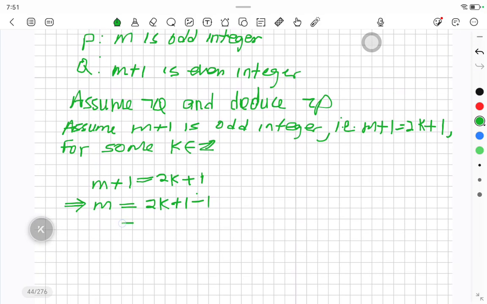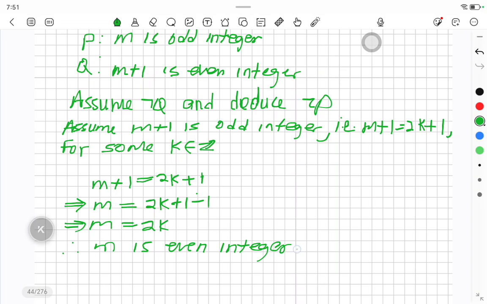And here we're going to get 2k. m is equal to 2k. You see, right? Now, therefore, m is an even integer.